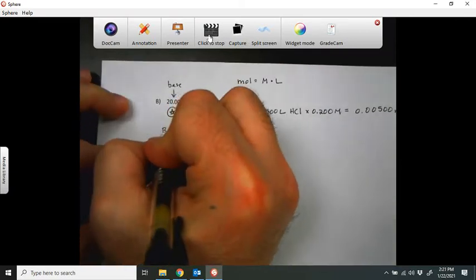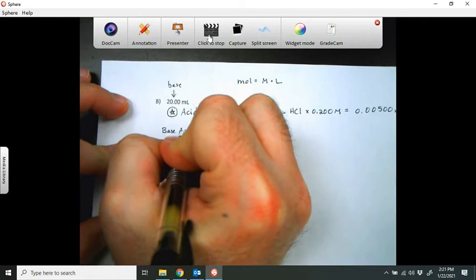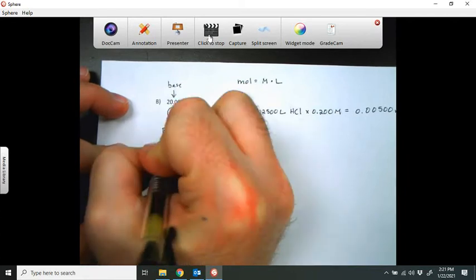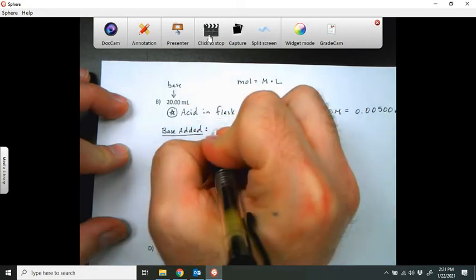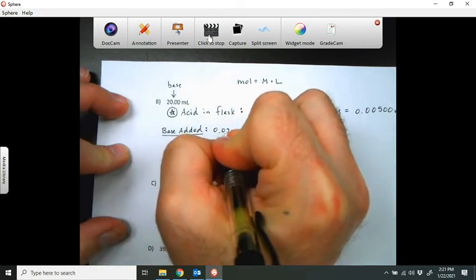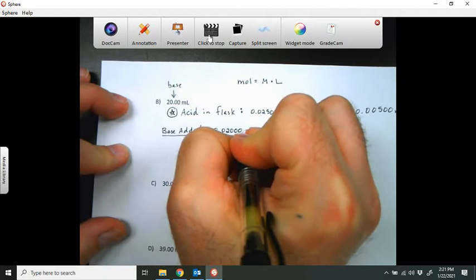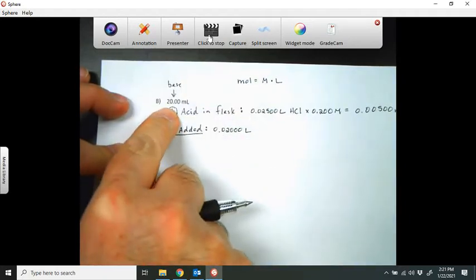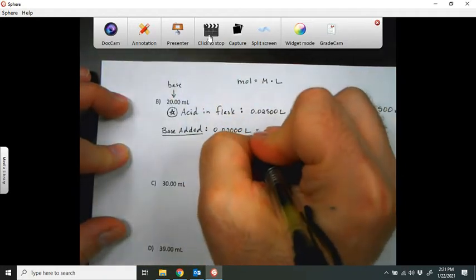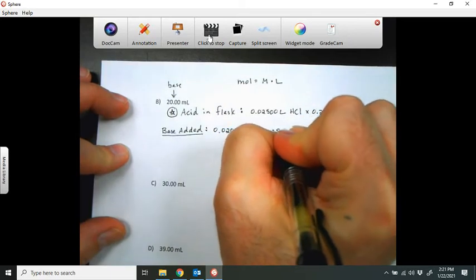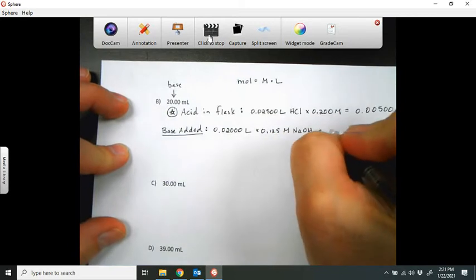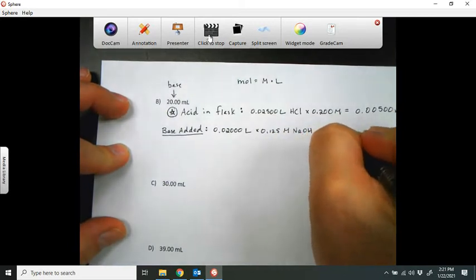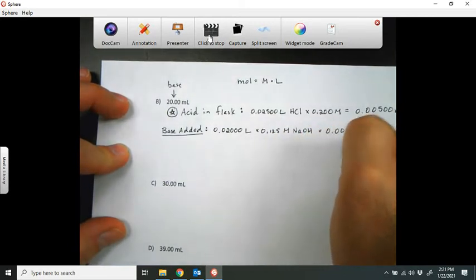Now I'm going to calculate how much base was added. I use the same thing: 0.02000 liters, or 20 milliliters, times the molarity of the base, 0.125 molar, and that gives me 0.00250 moles of OH minus.